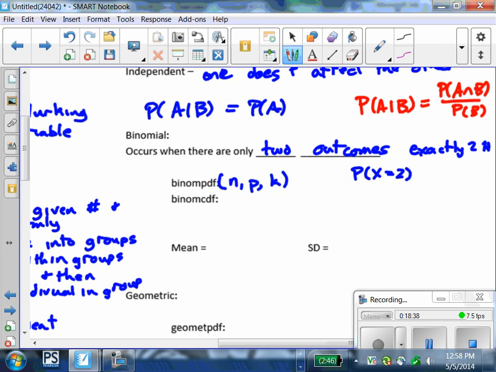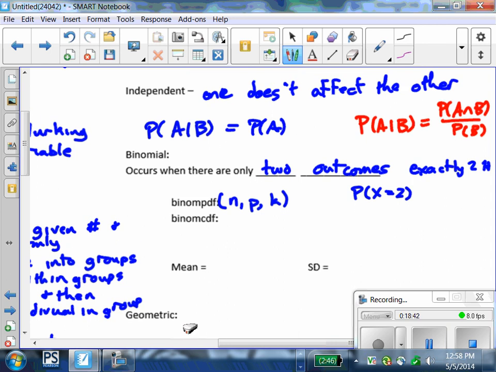So if we want the probability that we get exactly 2 heads on 5 flips, our binomial PDF here, because there's only 2 options, heads or tails, we'd have a total of 5. The probability is 50-50, and we want 2, right?